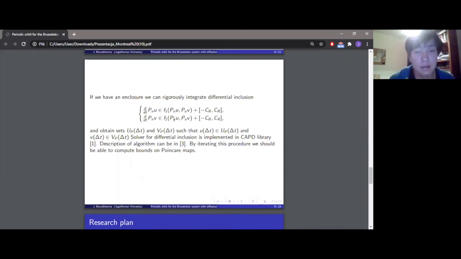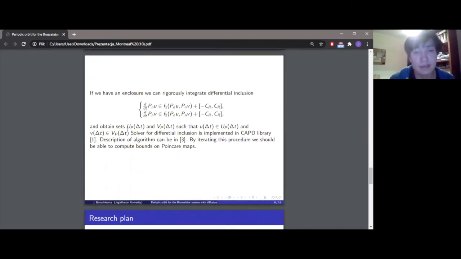and obtain a set that will contain our solution in the time delta t.